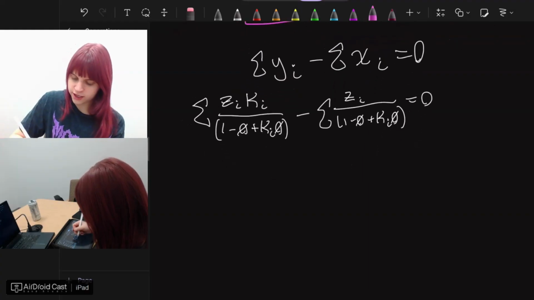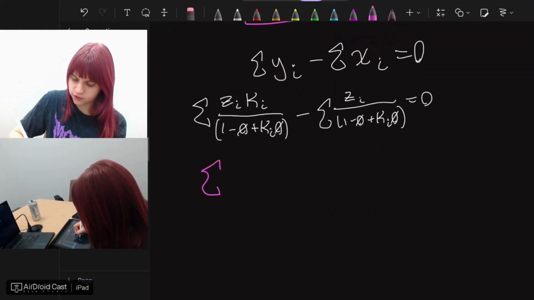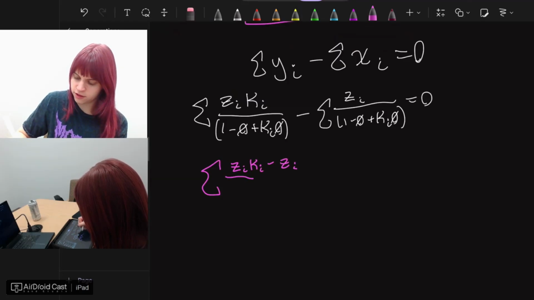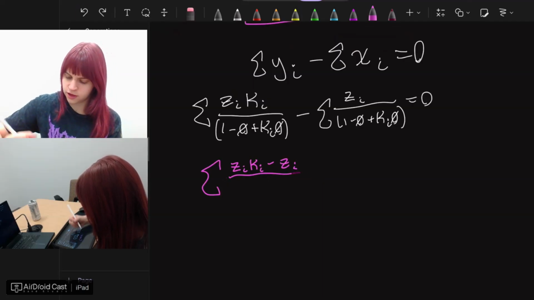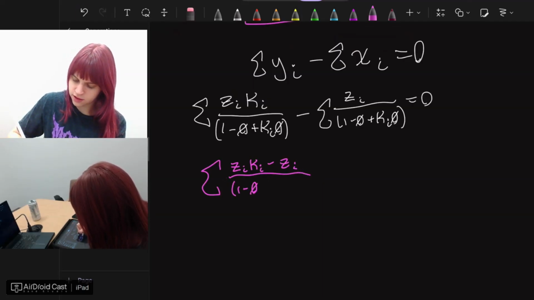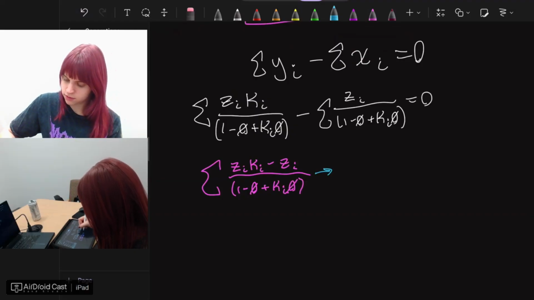So subtracting those, we can write it as one summation where we have zi times ki minus zi. This is because they both have a common denominator, the same denominator that they both had. And then you can simplify it a little bit further by taking out this zi.